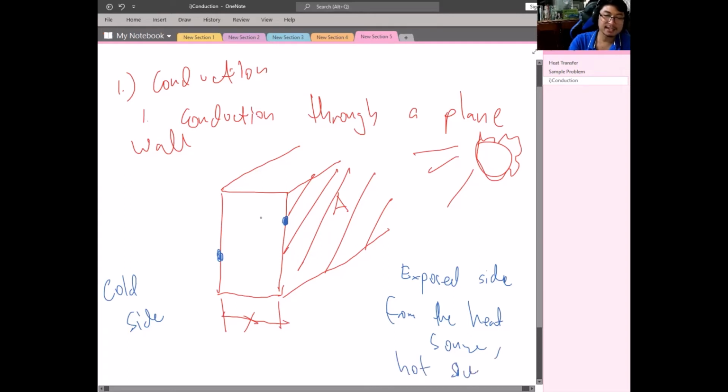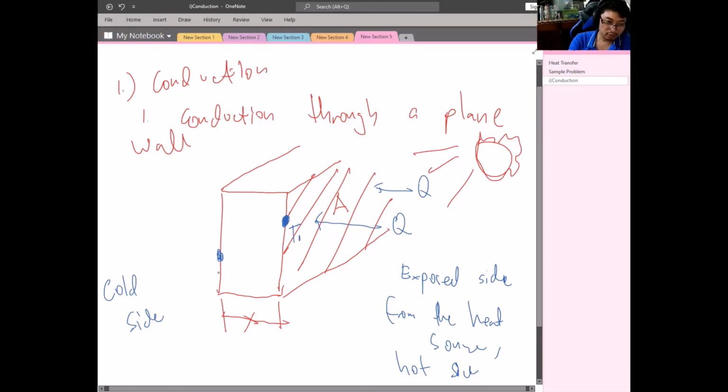So from the hot side, so ito yung ating point because mas mataas yung temperature na dyan. So definitely, so papasok yung heat dito, no, sa side ng wall na to. Yan, papasok ang heat. So we have the temperature 1 at this point. So mainit siya.